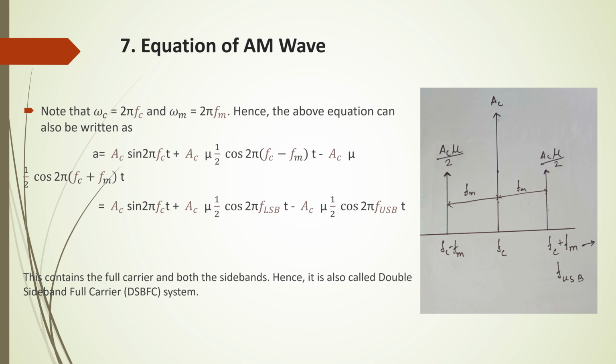Equation of the amplitude wave. Note that omega c = 2 pi fc and omega m = 2 pi fm.